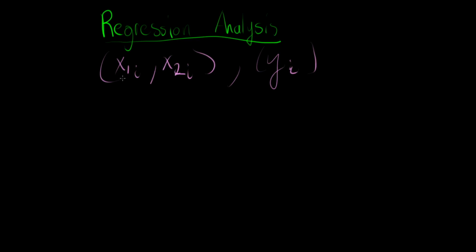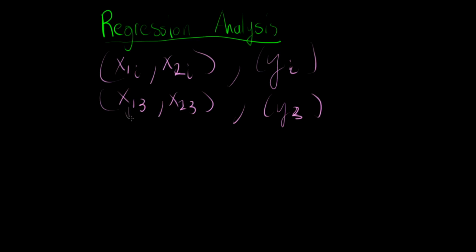So the ith person, for example the third person, will have the height of x13.